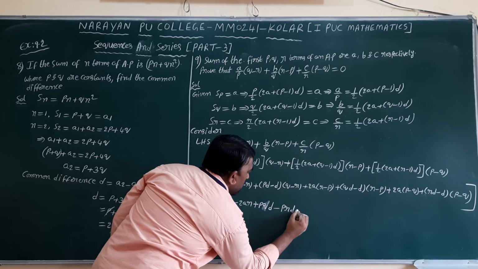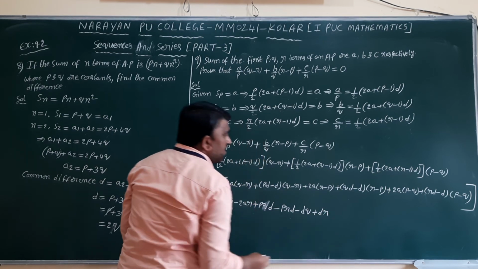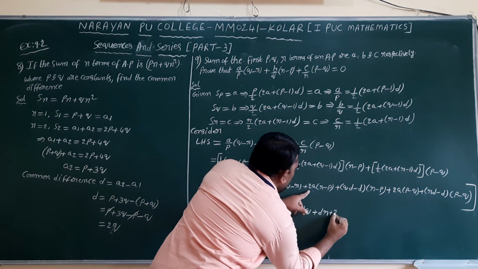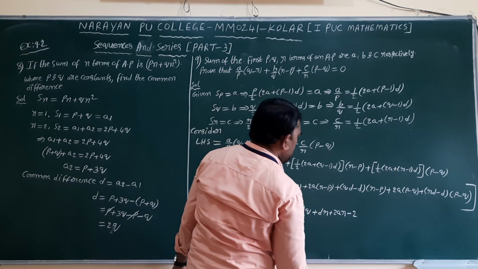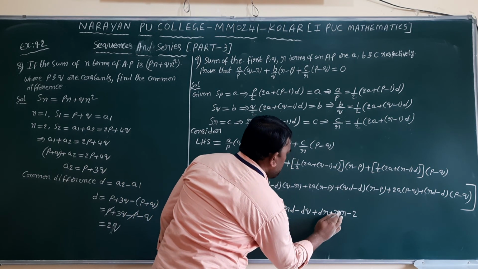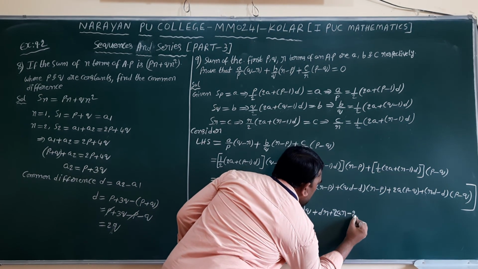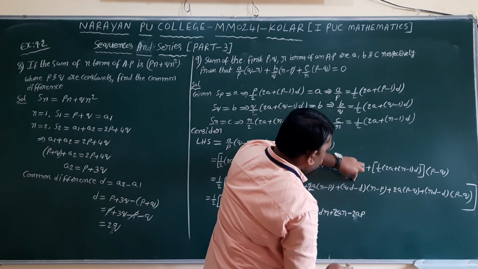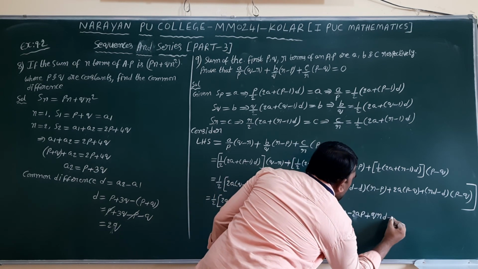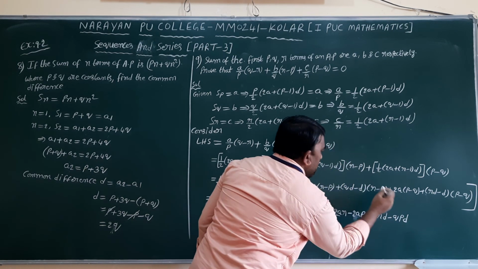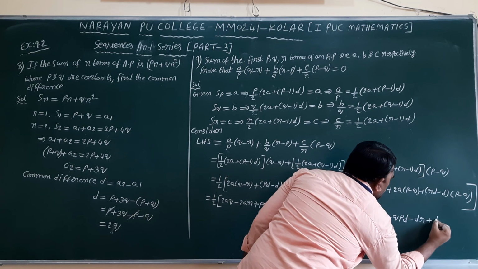Next minus d into q is minus dq, minus d into minus r is plus dr. Likewise, plus 2ar, minus 2ap, plus qrd minus qpd, minus d into this term: minus dr, minus into minus plus dp.